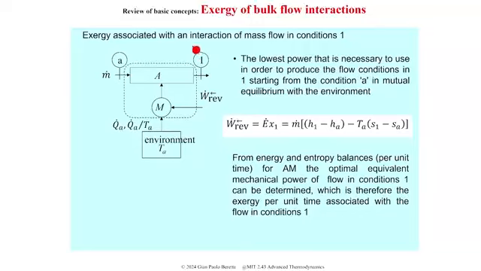Because if the bulk flow conditions one have more entropy than ambient conditions, then I need to give entropy to this flow, and the best way to do it is not to generate it by irreversibility, but to get it from the environment.